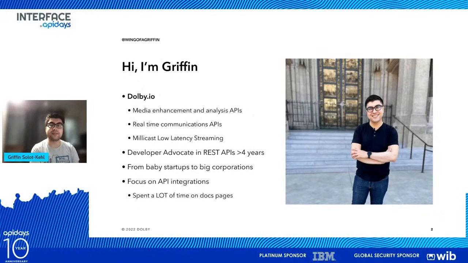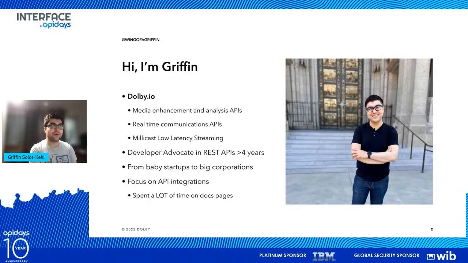So we have three separate products with different API specifications, and I help be an advocate for the external developer to make these as usable, as intuitive, and as fun to use as possible.